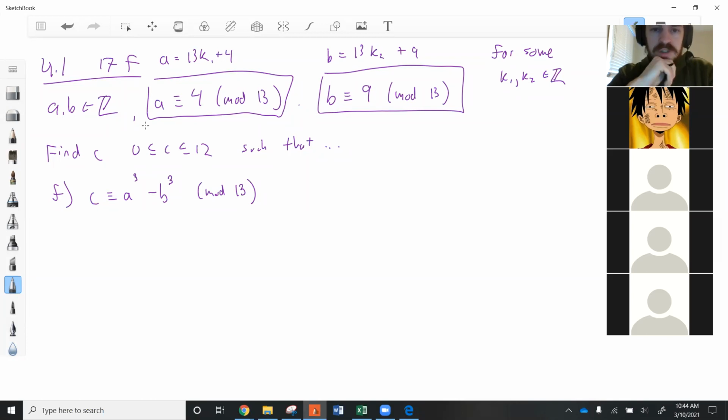Let me think about this for just a second. What I wanted to say was, if we take an example of a value that A could have, the simplest being 4, A could just be 4, and B could just be 9.